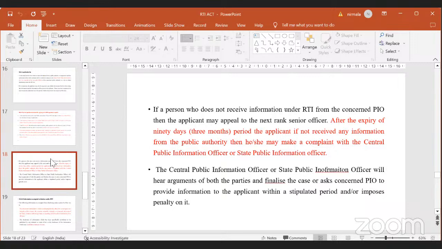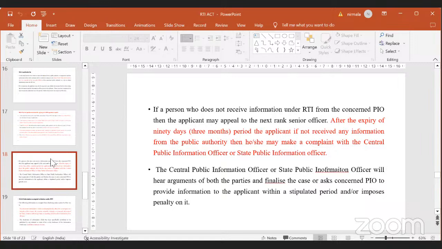Then it is the duty of the Central Information Commission or the State Information Commission to look after the case and to ensure that the information is provided to the RTI applicant. And here, the Central Information Commission or the State Information Commission will hear arguments from both the parties and finalize the case, or ask the concerned Public Information Officer to provide information to the RTI applicant within a stipulated period of time.